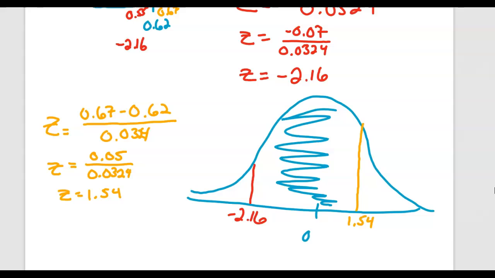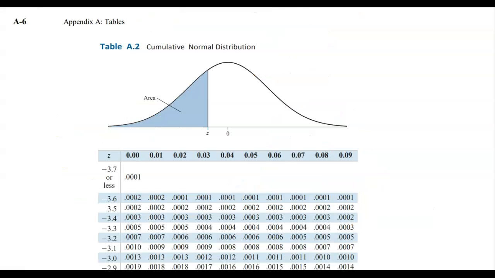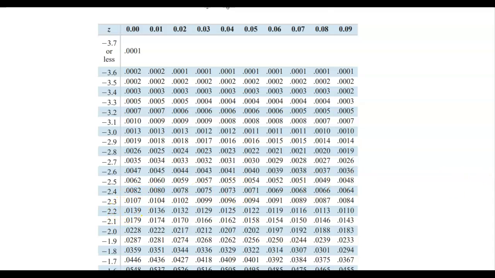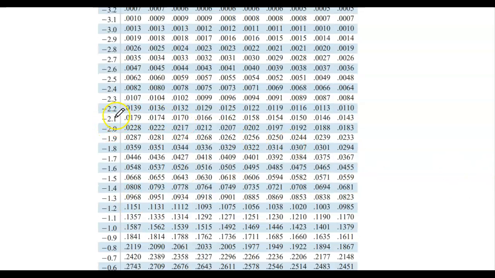So what we have to do is look up these values on the z-chart. So if I look up a negative 2.16, I'm going to come over here to my z-chart, and I'm going to come down to a negative 2.1, and I'm going to come over to the 6, so here's 0, 1, 2, 3, 4, 5, 6. Here's a negative 2.16.